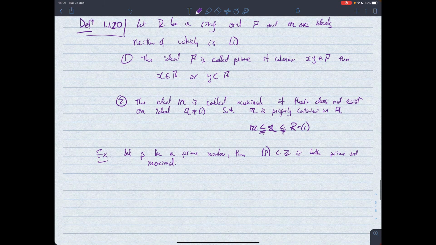And so here's a proposition about these maximal and prime ideals, 1.1.22. You've probably seen this before. Every maximal ideal is prime.